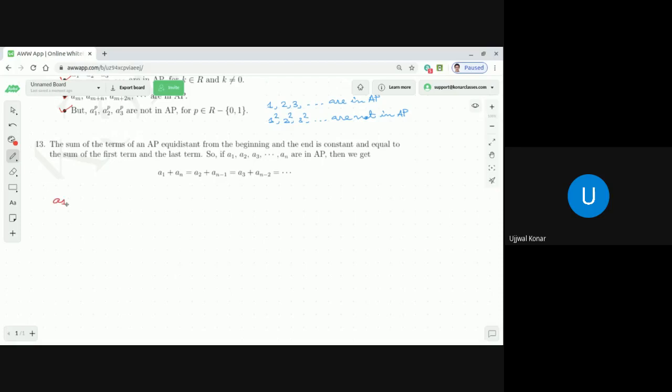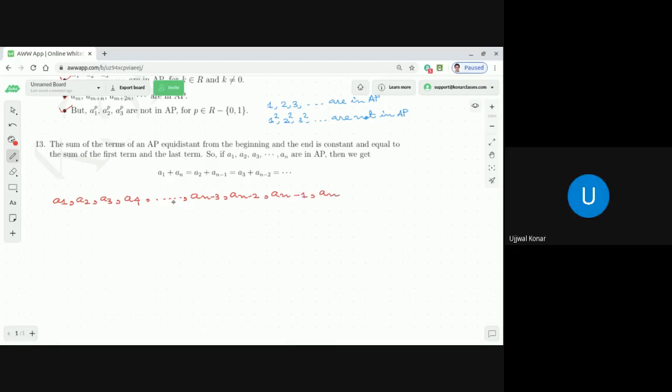Suppose you have A1, A2, A3, A4, then what we get here is AN minus 3, AN minus 2, correct, dear students? AN minus 1, and finally AN.